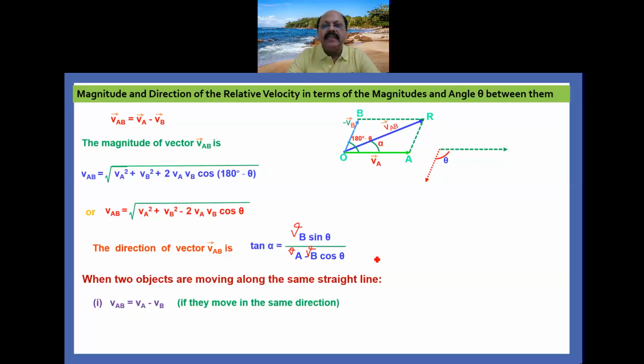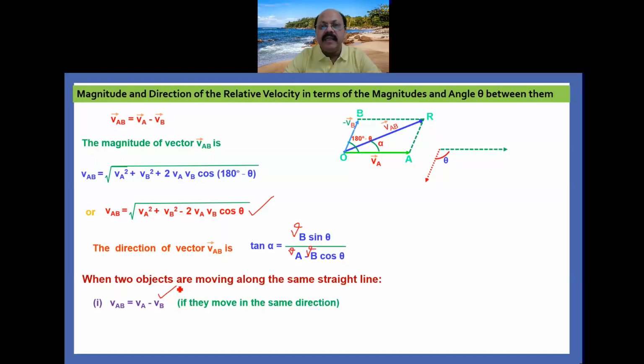By this expression, VAB equal to under root VA square plus VB square minus 2VA VB cos 0. Cos 0 is 1, so it becomes VAB equal to under root of (VA minus VB) whole square. Simplify it, and you get VAB equal to VA minus VB.